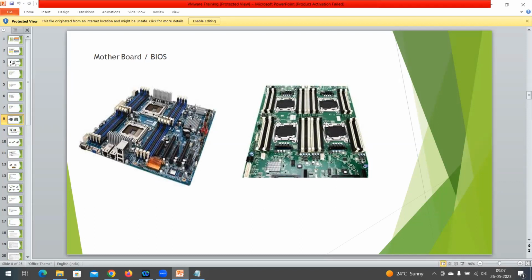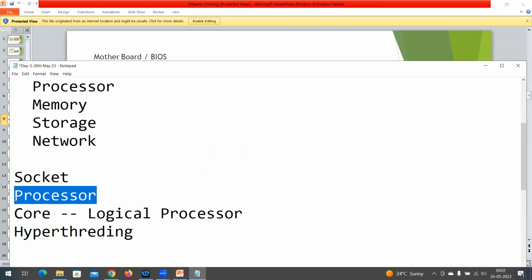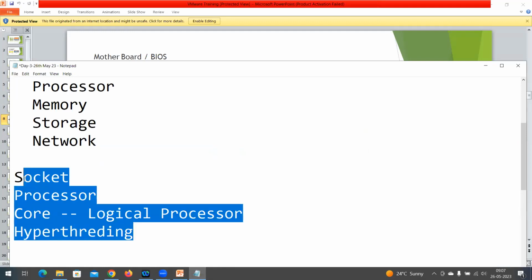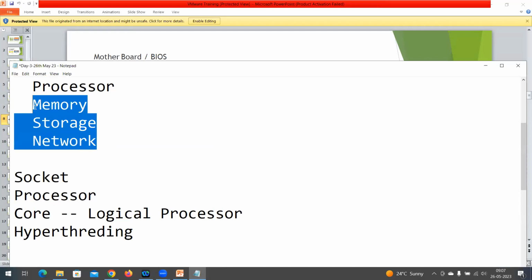So we need to understand, from this picture of the motherboard, what a socket is. What is a socket? What is a processor chip? What is a core? What is a hyperthread? These are the 4 components we discussed yesterday under processor. Today we are going to talk about memory, storage, and network.